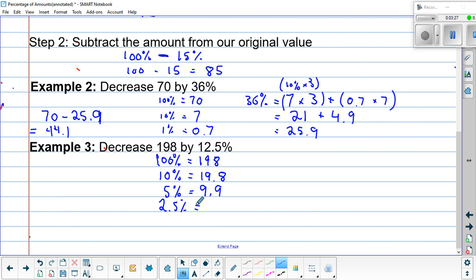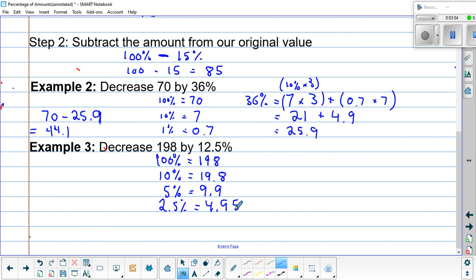So half of 9 is 4.5, and then half of this other 0.9 is 0.45. So 4.95. You can always go back and check by multiplying out, but 0.95 plus 0.95 is going to be that 0.9, and then we'll have 4 plus 4 plus 1 is 9.